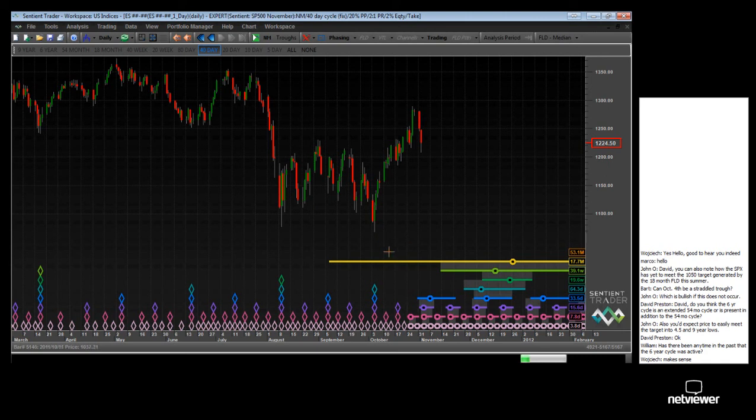I keep pressing the switch button. Okay. So this is my preferred analysis at the moment, that the 4th of October was a trough of the 80-day cycle, but we've just seen a pretty extraordinary and rare bounce out of that.